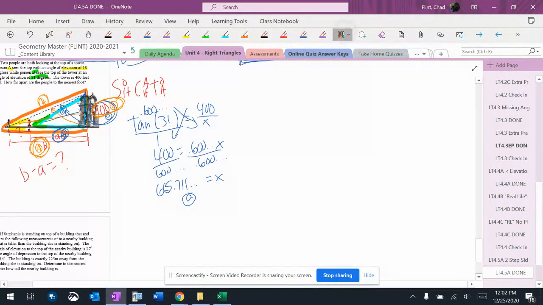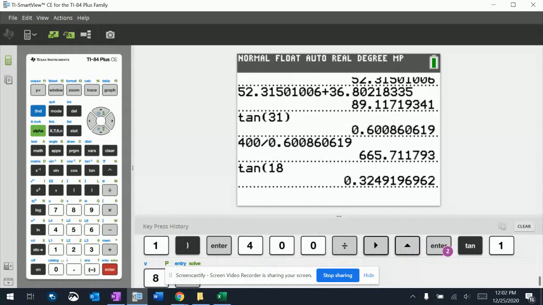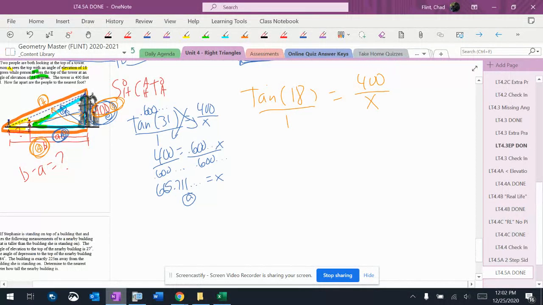So tangent of the angle equals opposite over adjacent. The opposite is 400. The angle is 18. I do not know the adjacent. Put it over 1 and cross multiply because I know the angle. Tangent of 18 is 0.324.